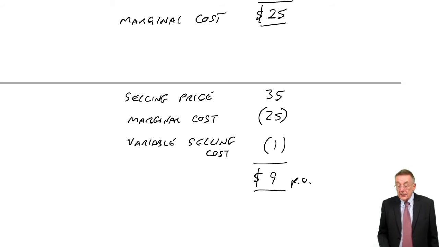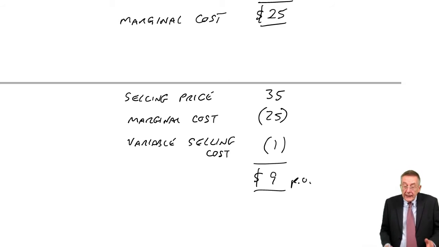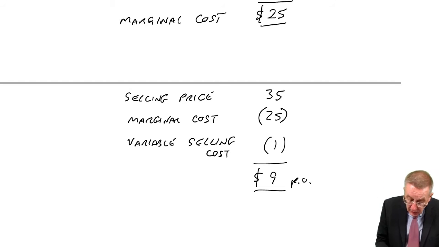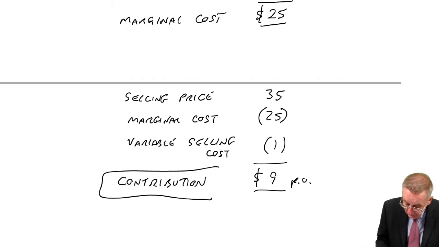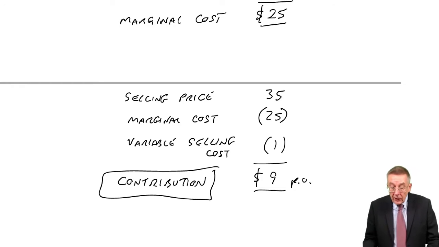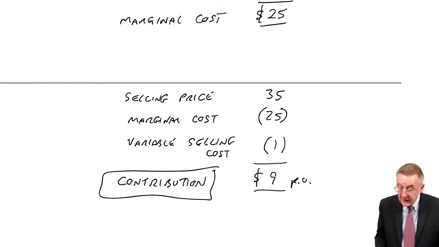And that $9, I say again, is the final profit we're making, ignoring fixed costs. And we call that the contribution. And that word is desperately important. The contribution, you can express it in two ways.